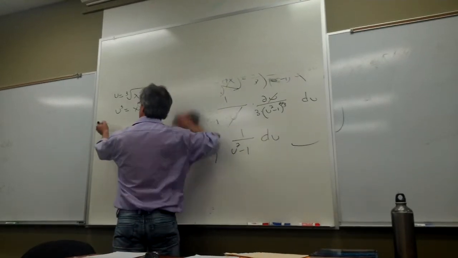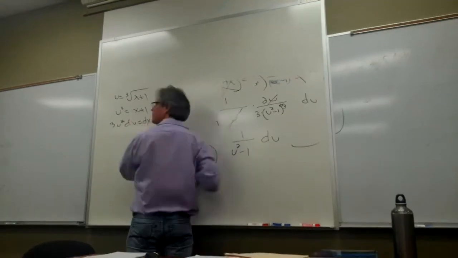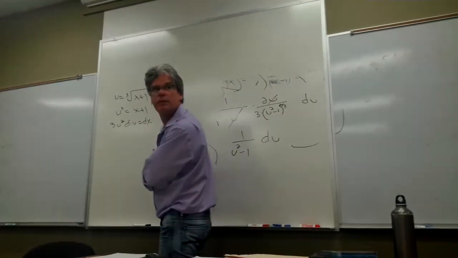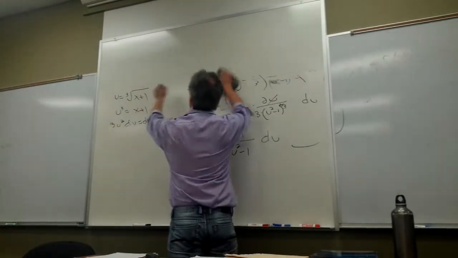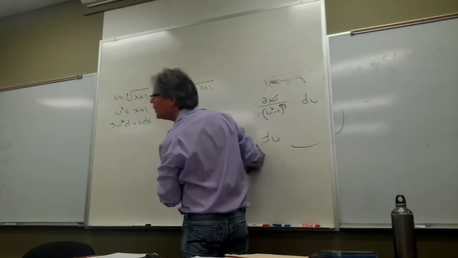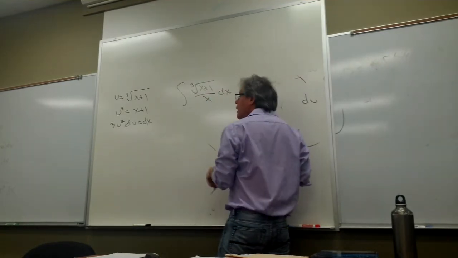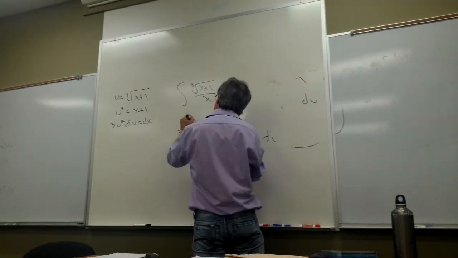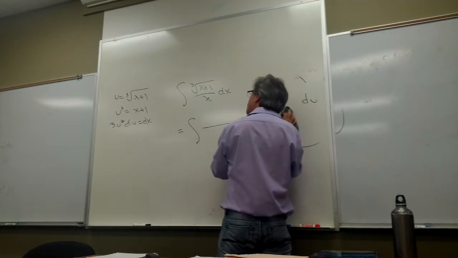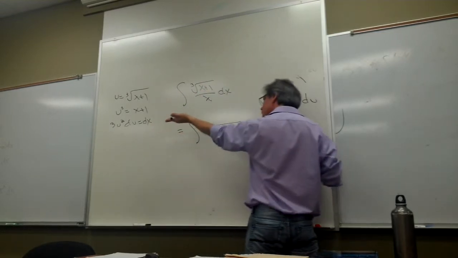And now relating du to dx. Here's the relationship. Let's dive into things. My original integral was this mess. However, making my replacement symbol by symbol, everything upstairs has a new name of u.